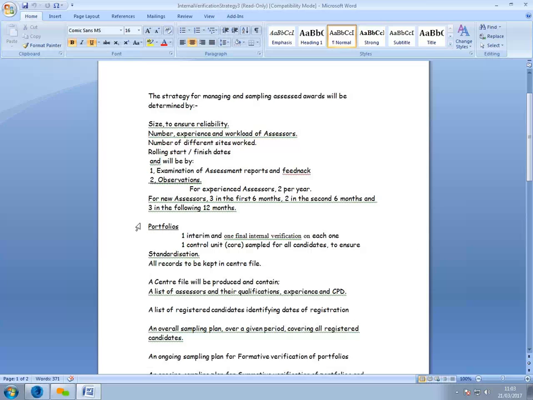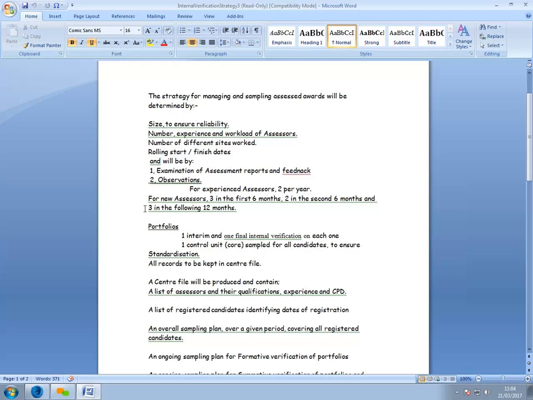Now, those were for that particular organisation because none of the assessors were particularly experienced. There were a couple that have been doing it for a while, but whether I would have declared them as experienced is another matter. So I said 2 per year there, but with an experienced group of assessors, probably 1 a year will be sufficient. For new assessors, 3 in the first 6 months, 2 in the second 6 months, and then 3 in the following 12 months.